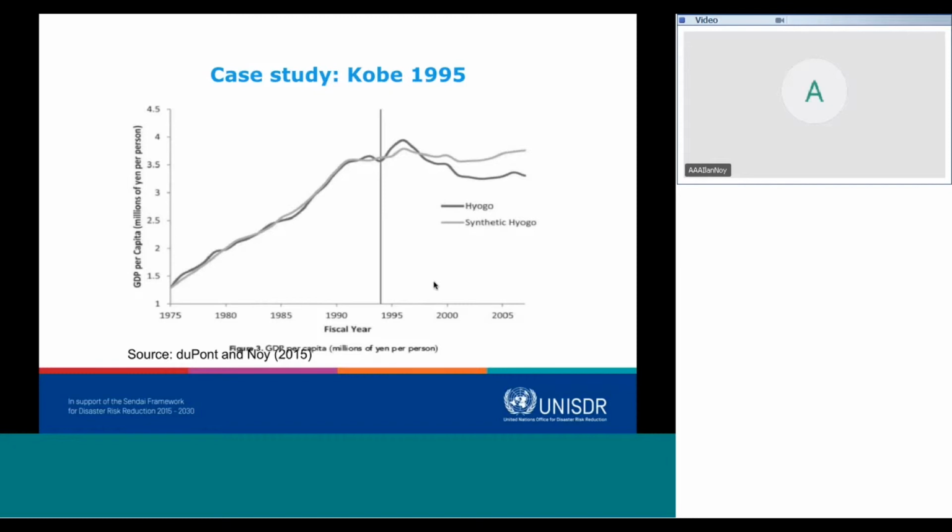So the permanent loss in income that the region experienced, and a lot of that lost income moved elsewhere, moved to other regions in Japan and moved to other countries.